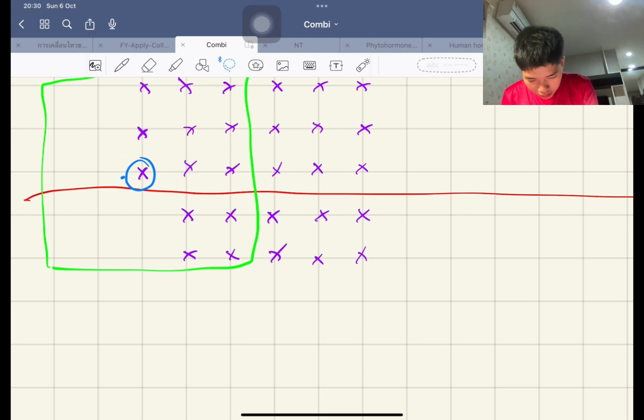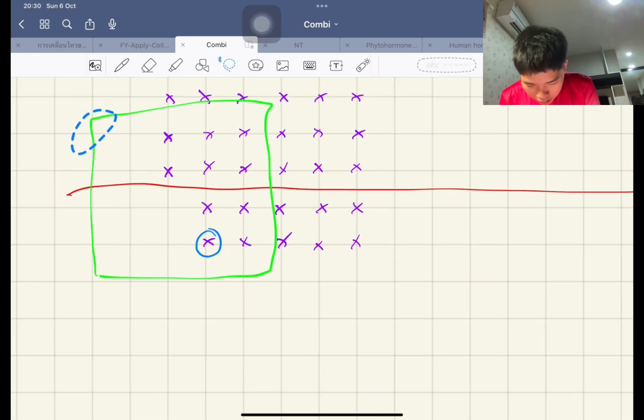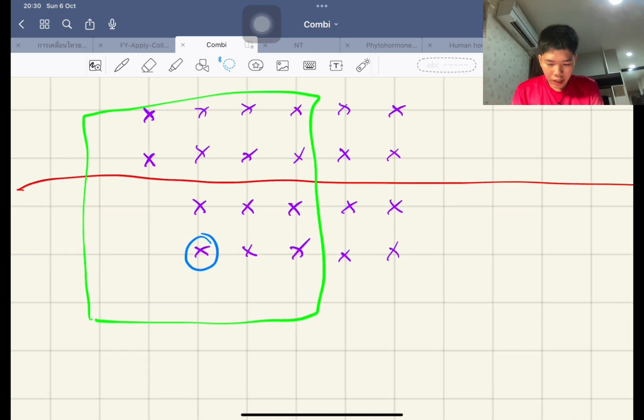Unfortunately, this is not the case for this one. If we look at this one, we cannot force anything from this, because now its neighborhood shifts down like this, and the thing is that we can place a butterfly in 2 spots, but we only have to place 1.